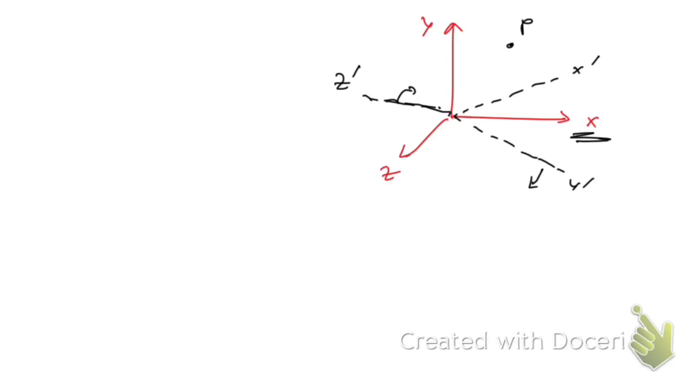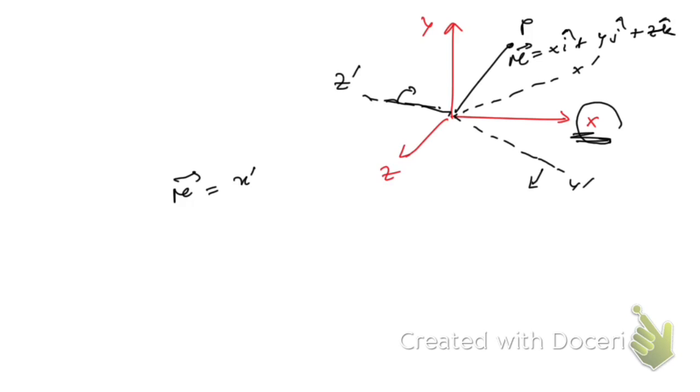With respect to the coordinate system drawn in red, suppose its position vector is r equal to x i cap plus y j cap plus z k cap, and with respect to the rotating frame, its position vector is x dash i dash cap plus y dash j dash cap plus z dash k dash cap. Let me consider it that way.